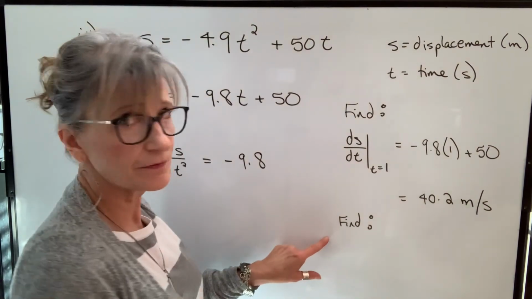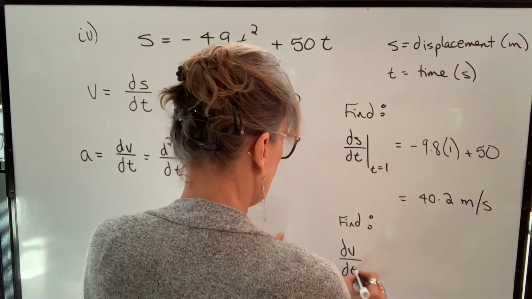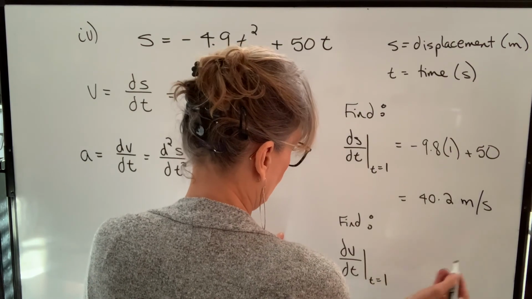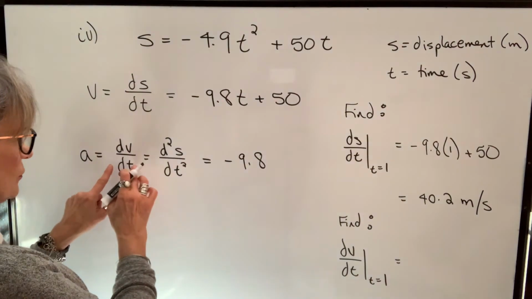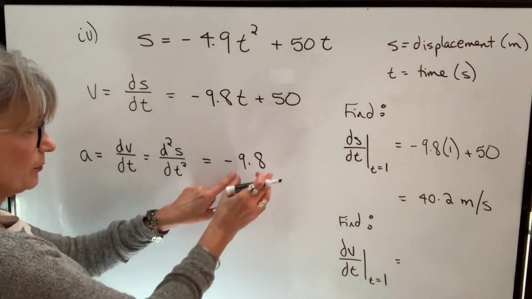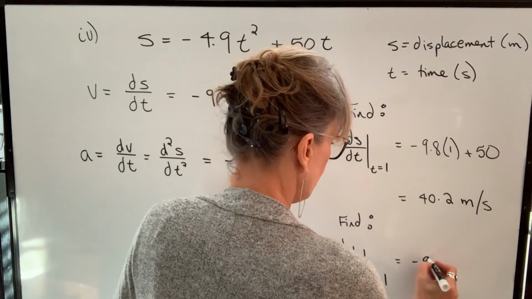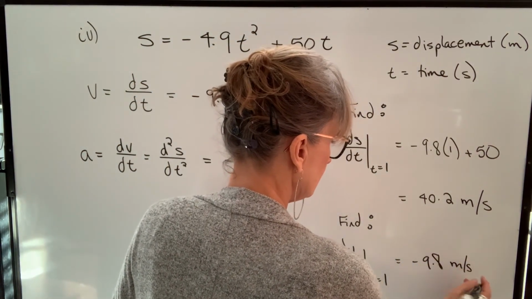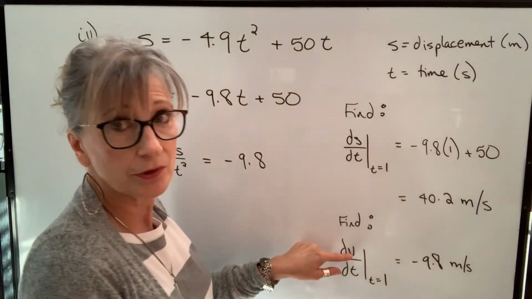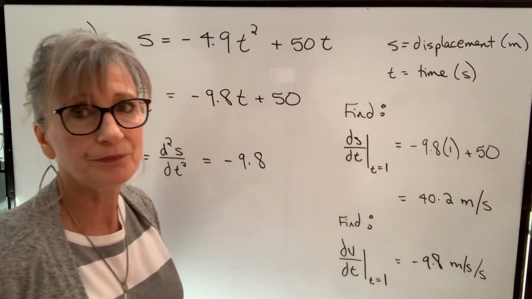If we were asked to find the acceleration, or the rate of change of velocity with respect to time, at let's say 1 second, our derivative is constant, negative 9.8. Acceleration is constant. It doesn't matter what the time is. So it will always be negative 9.8, and it will be meters per second, which is the unit used to measure velocity, per second, per time.